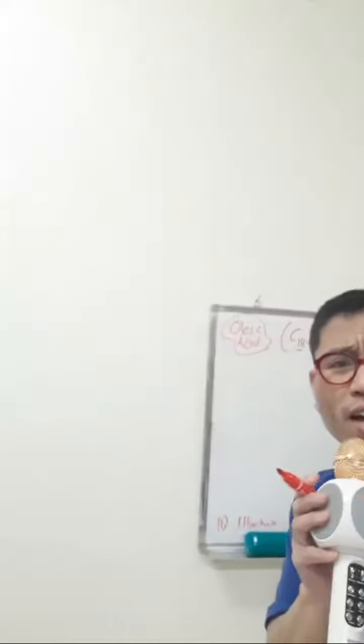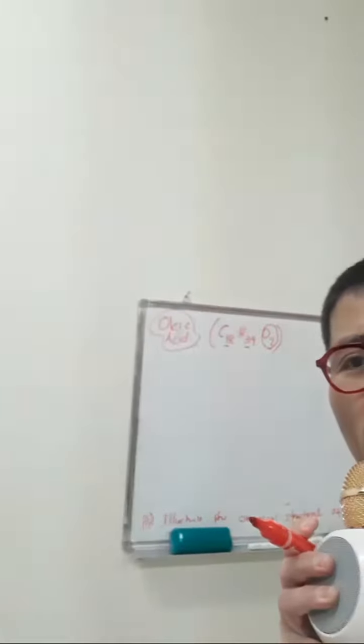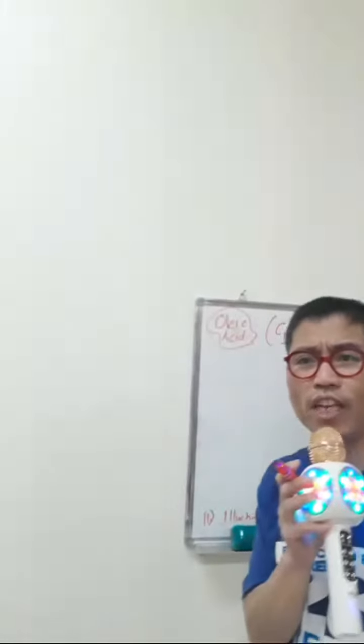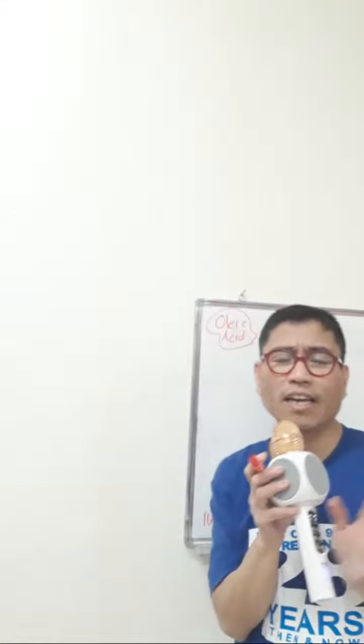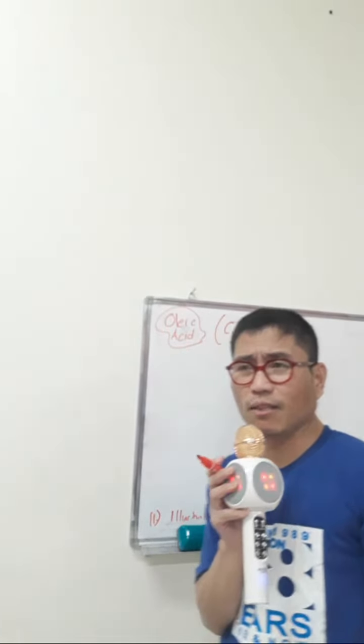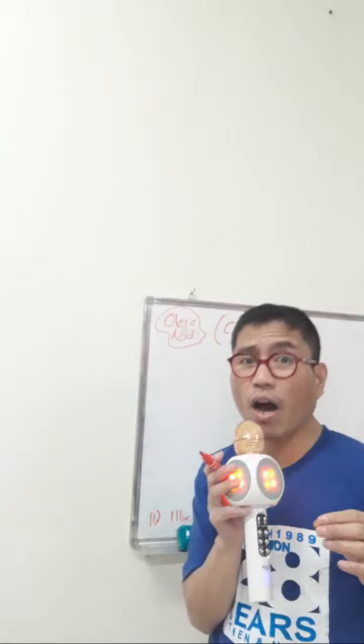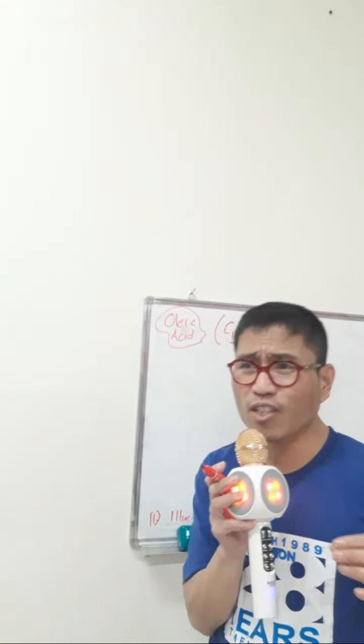So, what is stearic acid? This is an acid found normally in animals, and it will become solid at room temperature. When we say room temperature, as we can remember in our science subject, specifically physical chemistry, we are dealing with different operating parameters.